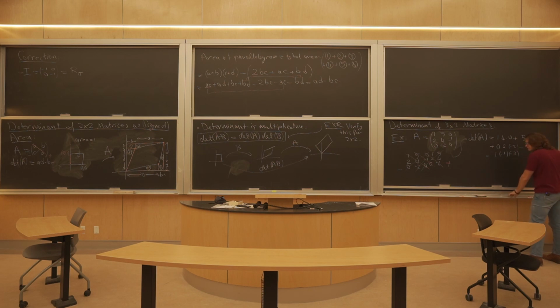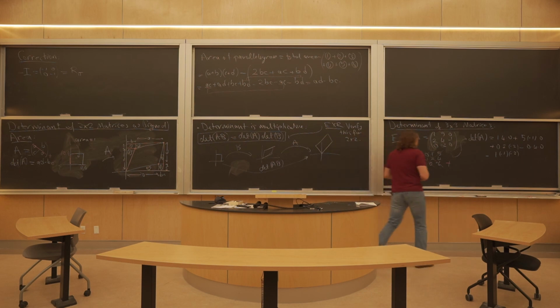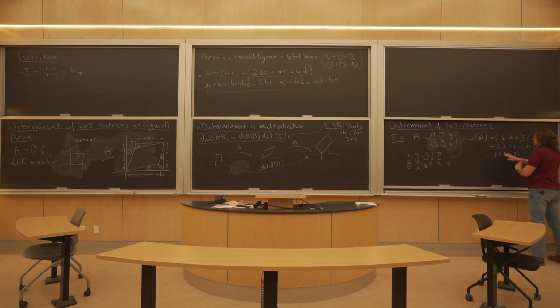Maybe I should write it like this. I should have extra parentheses so that this is clear. Minus. Minus. And then I have one final term, 5 times 2 times 0.